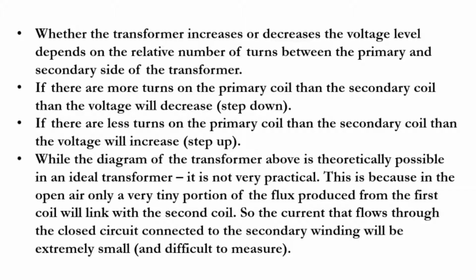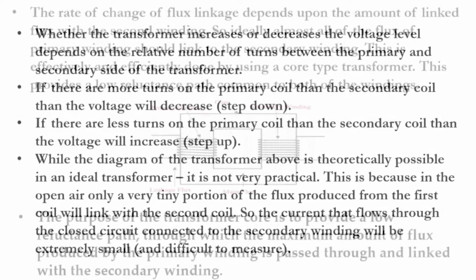While the diagram of the transformer above is theoretically possible in an ideal transformer, it is not very practical. This is because in the open air, only a very tiny portion of the flux produced from the first coil will link with the second coil. So, the current that flows through the closed circuit connected to the secondary winding will be extremely small.